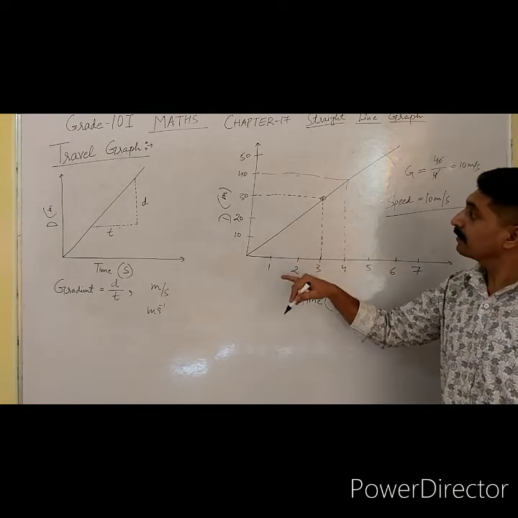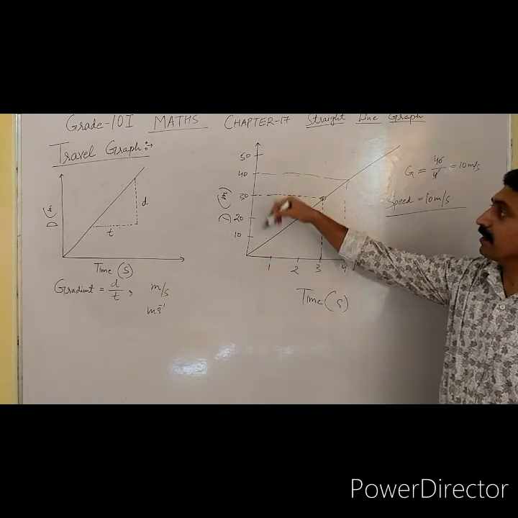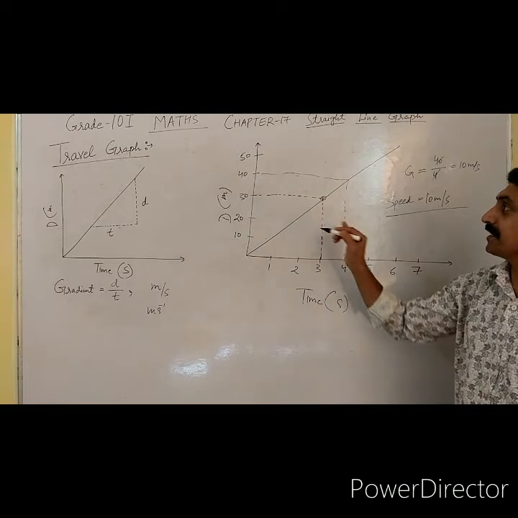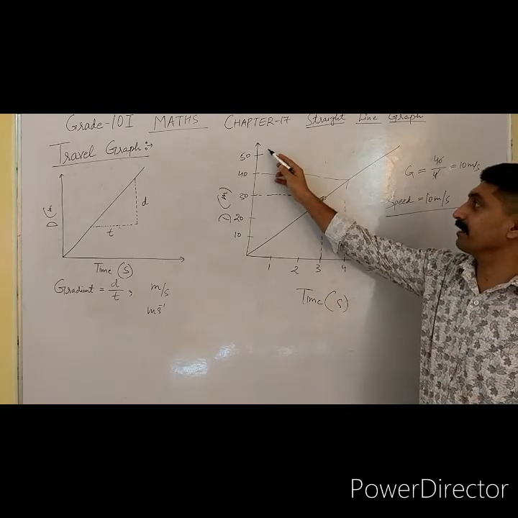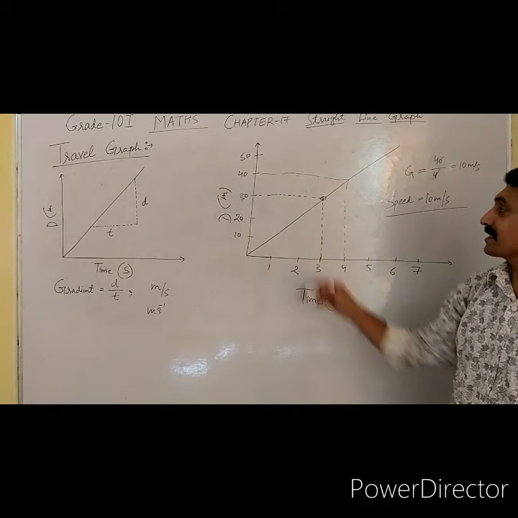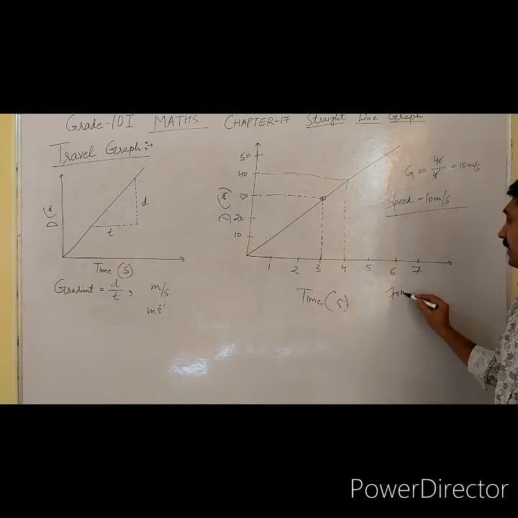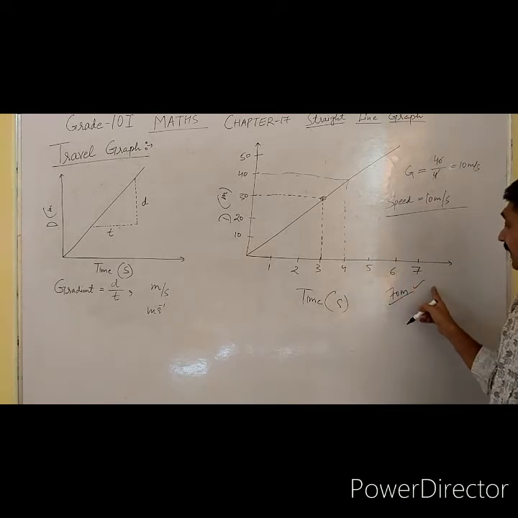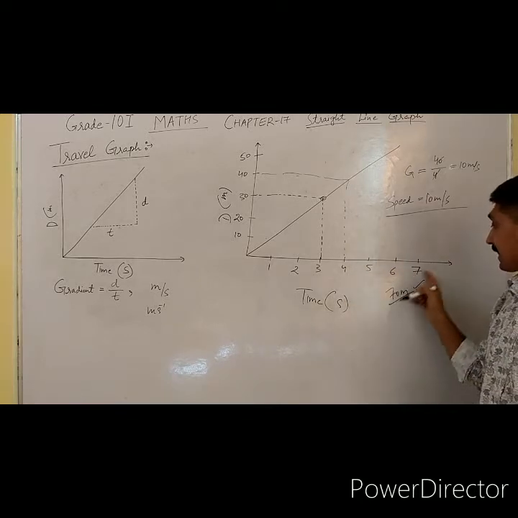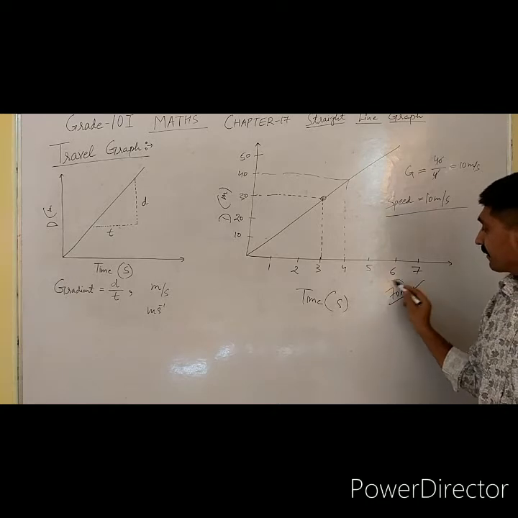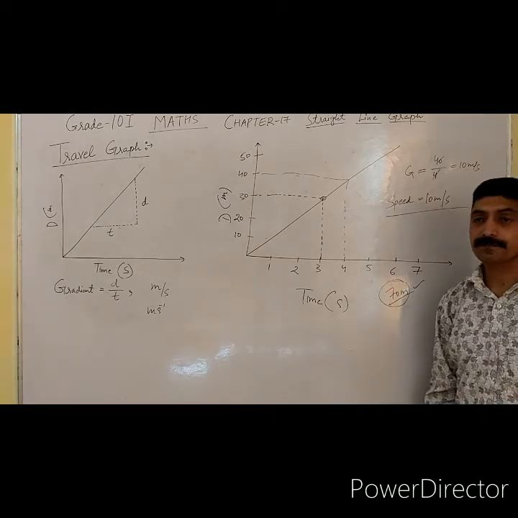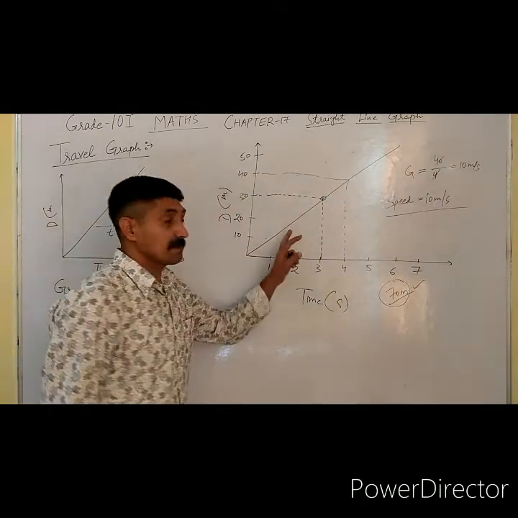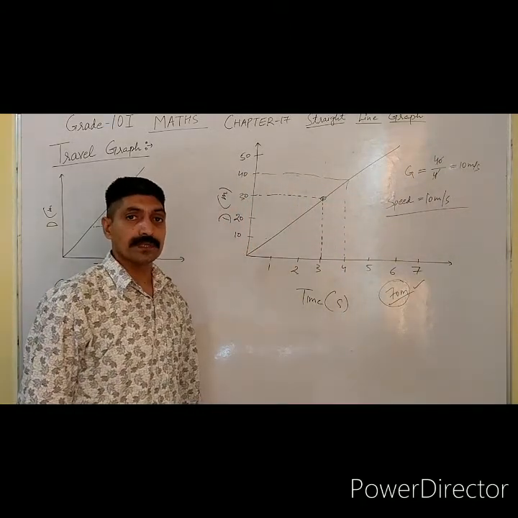So here if it is asked in how much time a distance can be completed, say 70 meters, we can tell that in 7 seconds we can travel 70 meters, because here the speed is uniform.